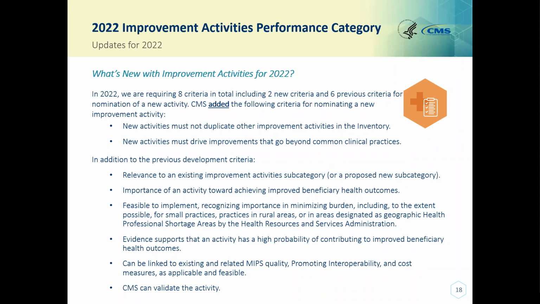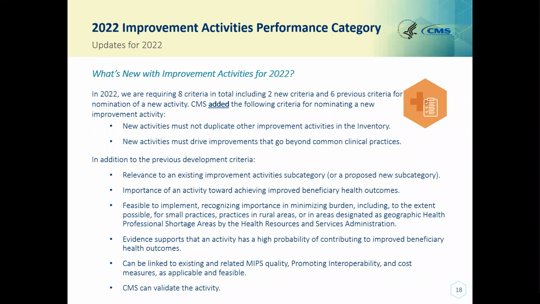And also for 2022, we changed a few of our criteria for the call for IAs, which as Katie noted earlier, we are in right now. We originally had only one criteria that was required to be met in order to submit a nomination. So we began the program with this threshold to assist stakeholders to understand the criteria.